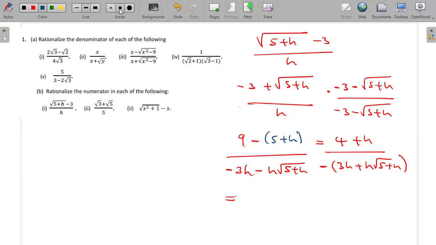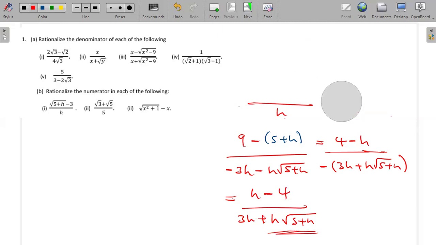So this h here is negative, negative h there. Okay. So now dividing by that negative, that will be h, then becomes positive, then the 4 becomes negative like that. Then down you just have 3h plus the h root 5 plus h. Okay. So that's how we rationalize that.